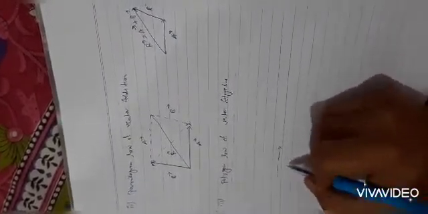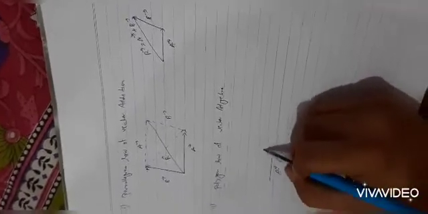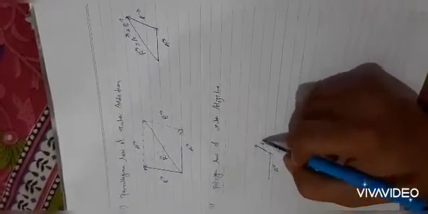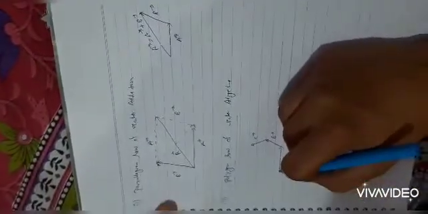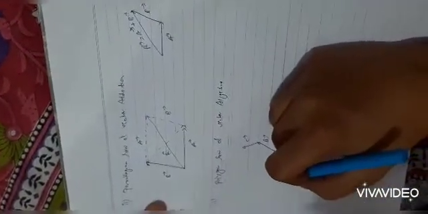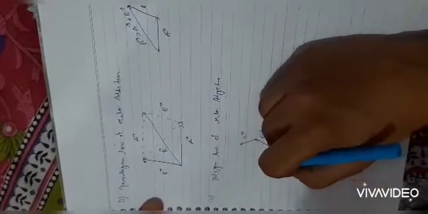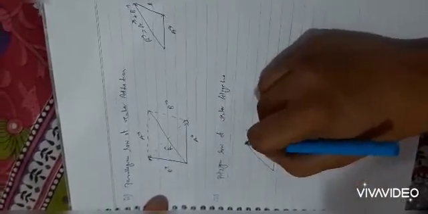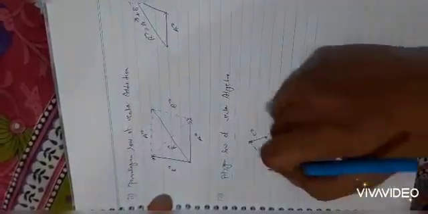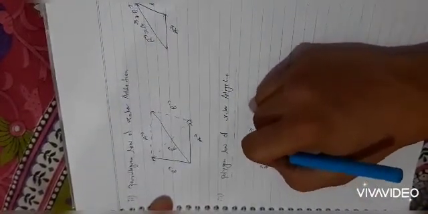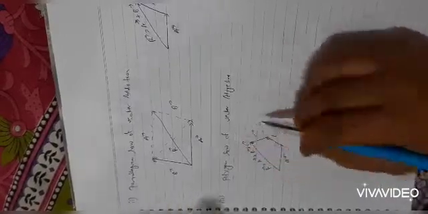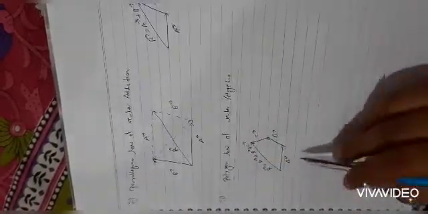Suppose this is the first one, that is your vector A, this is your vector B, this is your vector C. What we have to do is just connect the initial point, or tail, of the first vector to the head of your last vector. That will be your resultant, that is A plus B plus C. So that is the polygon law of vector algebra.